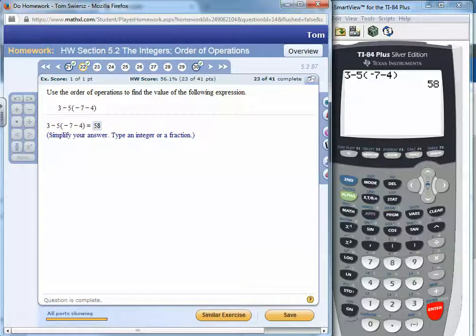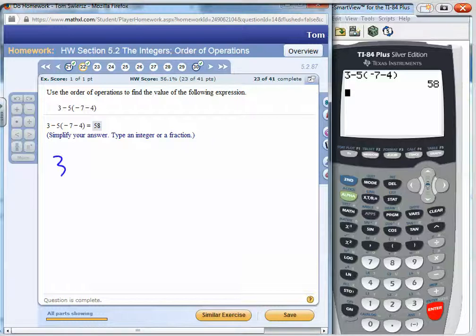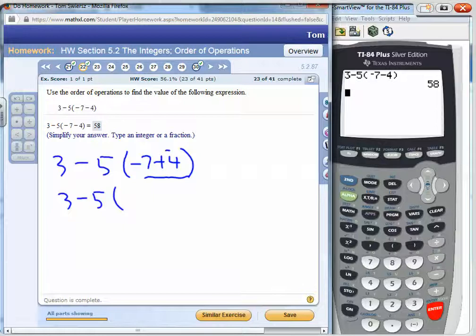Again, if we do this problem step by step, 3 minus 5 times negative 7 minus 4. First, we would do inside the parentheses. So negative 7 minus 4 is negative 7 plus a negative 4, which would be negative 11. And then we would do the multiplication before the subtraction.